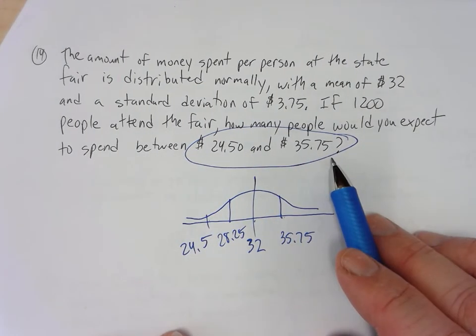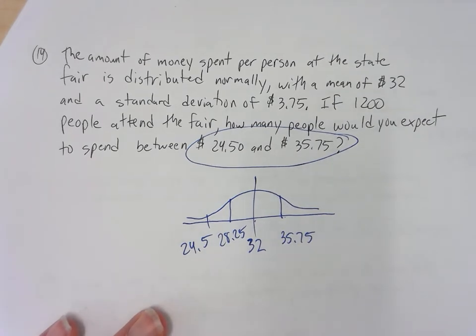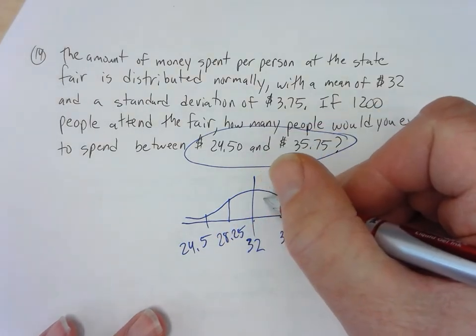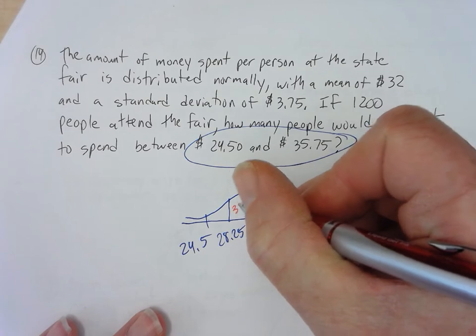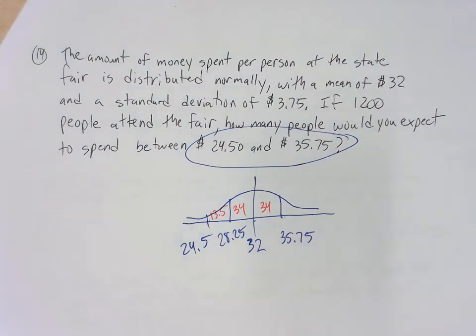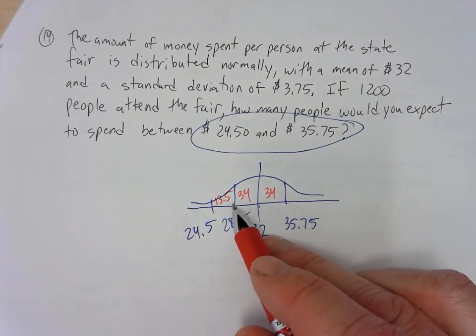So this is a 2-part problem. We're going to put the probabilities in here now. This is 34%, this is 34%, and then this one's 13.5%. So we add these together.